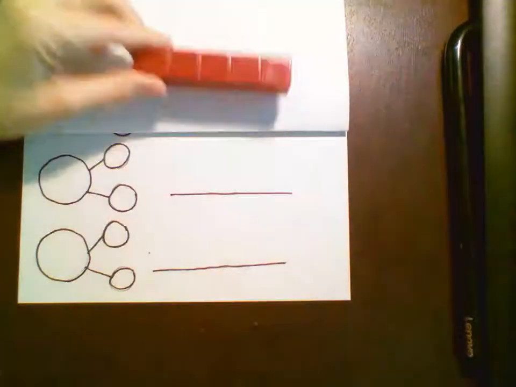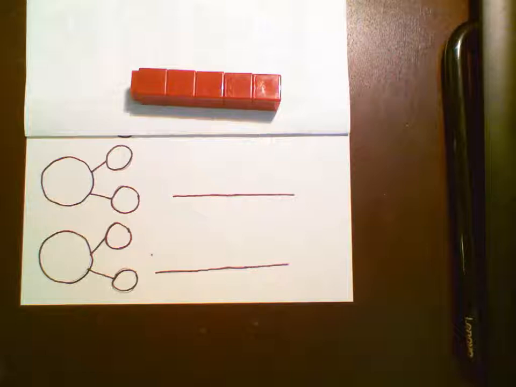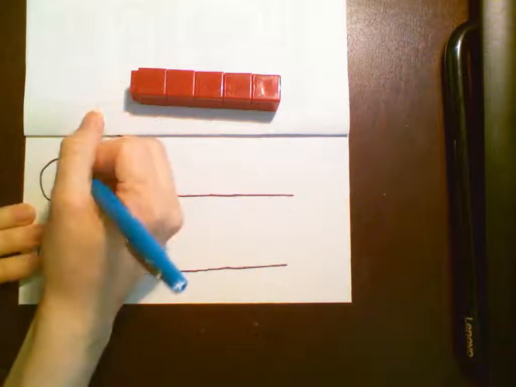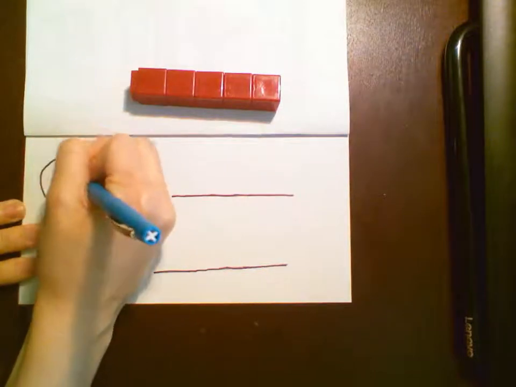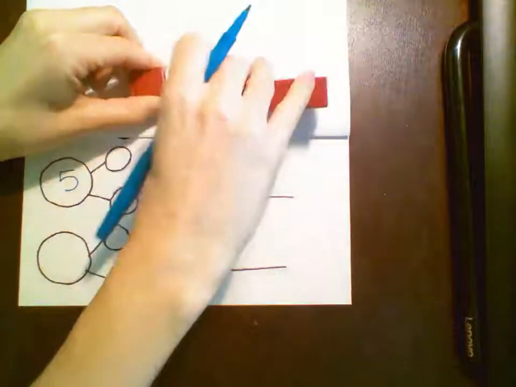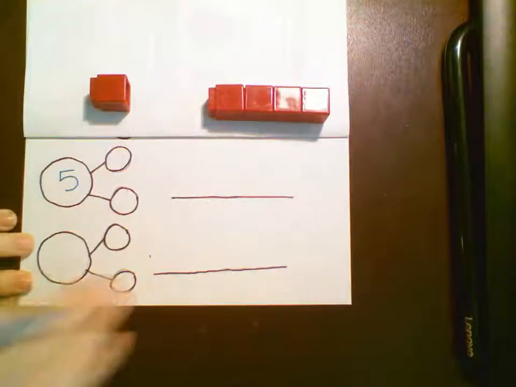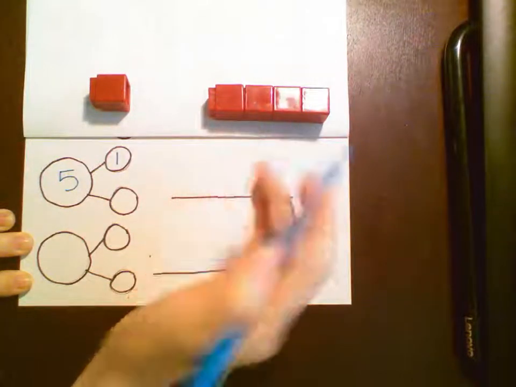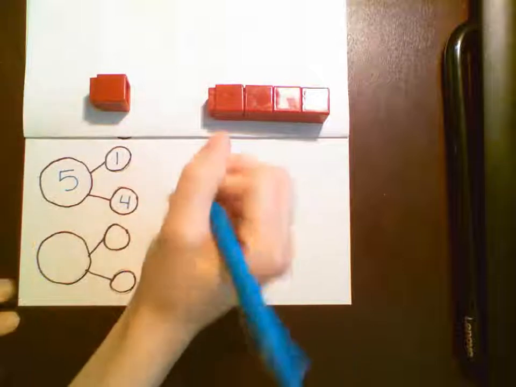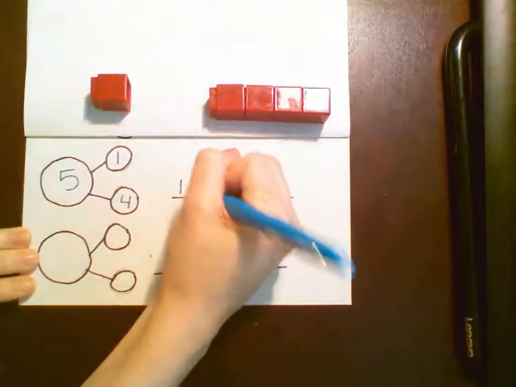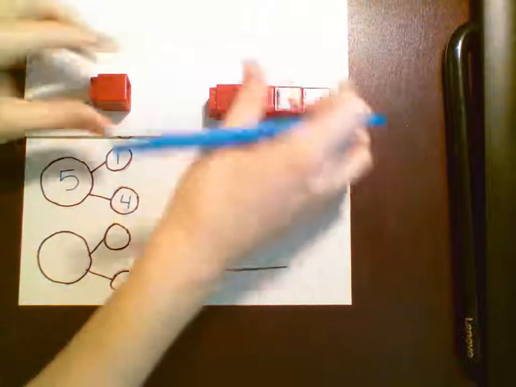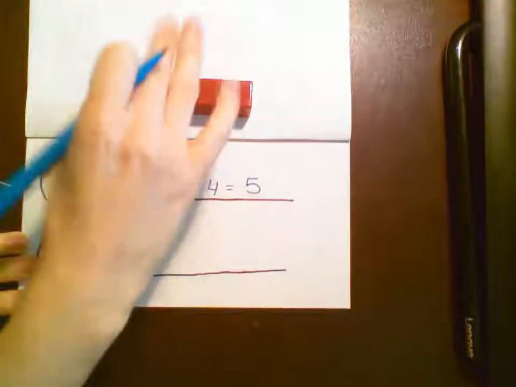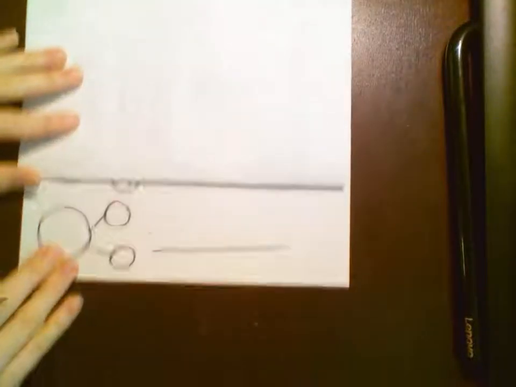Let's try it again. This time, I'm starting with 1, 2, 3, 4, 5. Here's my two parts. 1 and 1, 2, 3, 4. Part 1 plus part 4 equals whole 5. Let's do another one.